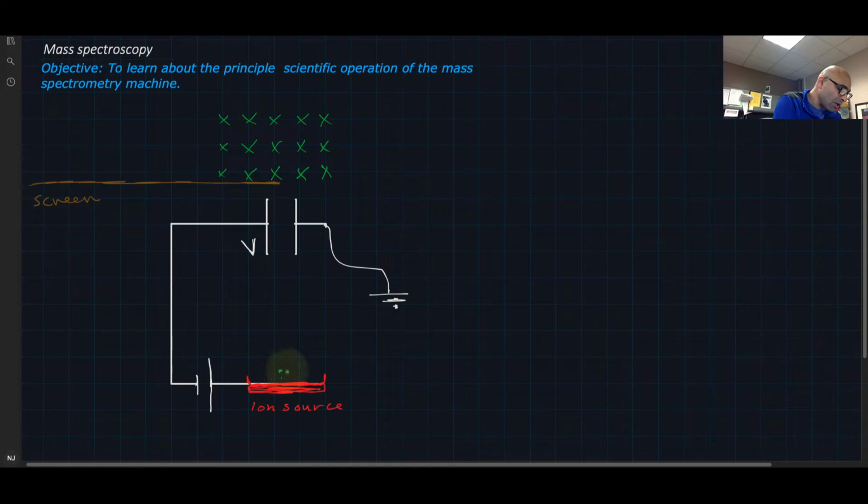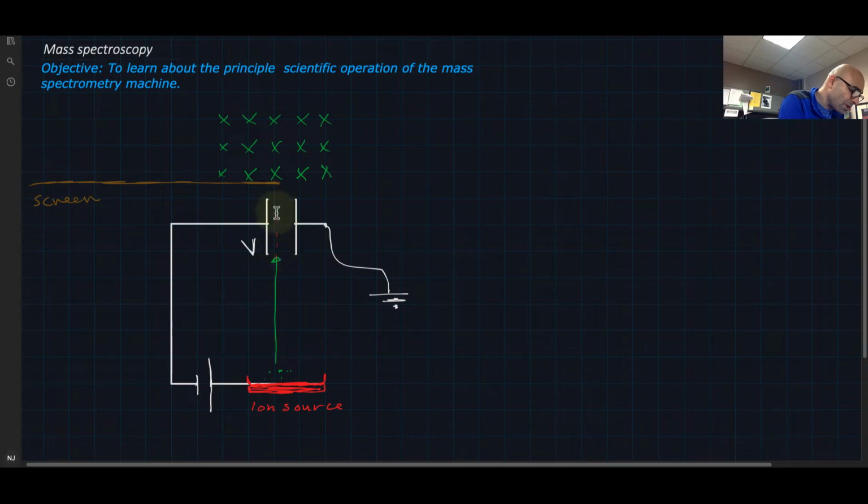They come here and sit at a velocity equal to 0, but we expose them to a potential difference and accelerate them and compress them into a beam like this. Maybe we can use some electrical and electronic instruments to compress the beam, and we accelerate it through a potential difference.